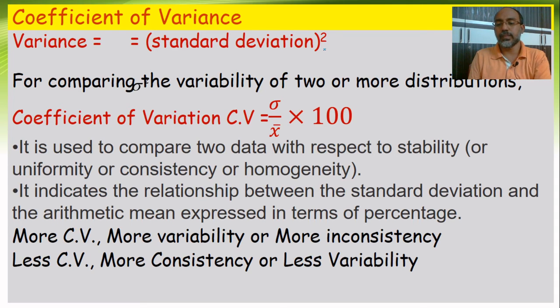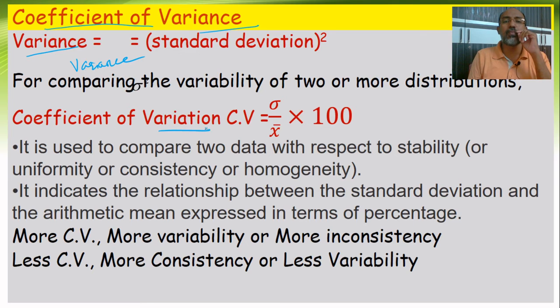Okay. Then coming to the coefficient of variation, this is a concept based on the standard deviation only. Okay. So what is variance? In the coefficient of variation, there are two things. One is variance, the other one is variation.